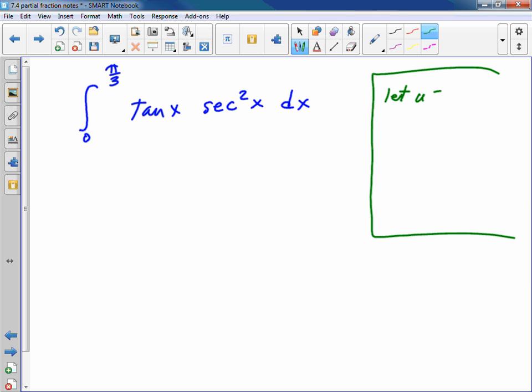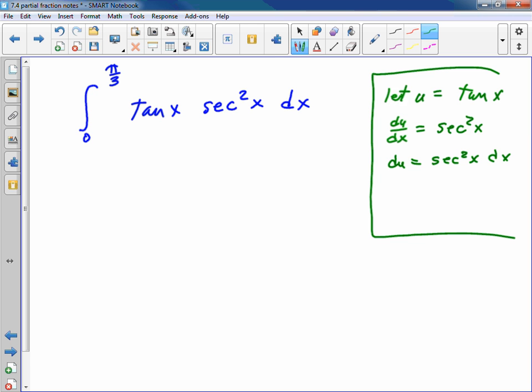So we're going to let u this time equal tangent x. So what's du dx? Equals secant squared x, and then du equals secant squared x dx.